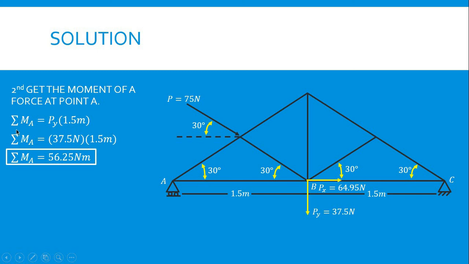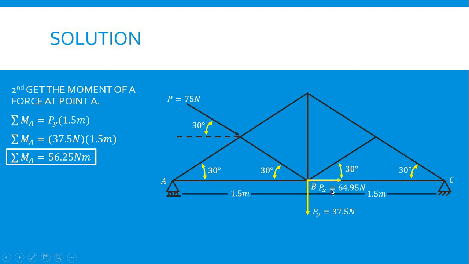We need to get the summation of moments at A, which is equal to Py multiplied with 1.5 meter. Summation of moments in A is equal to 37.5 times 1.5 meter. Summation of moments in total at A is equal to 56.25 Newton meter.